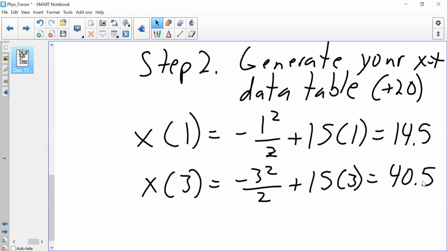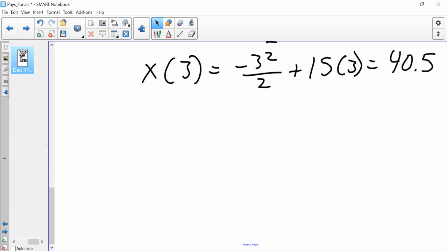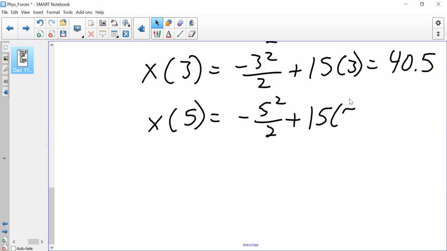You can do that yourself just to confirm. And then when t is equal to 5, x will be equal to 62.5.